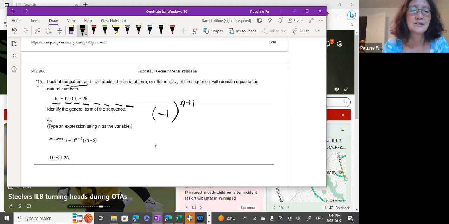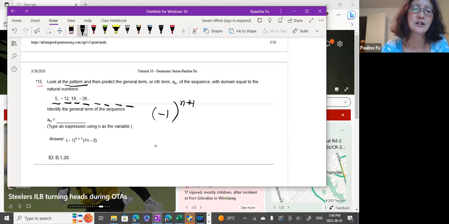And then what other patterns do you observe? This sequence is not a geometric sequence.